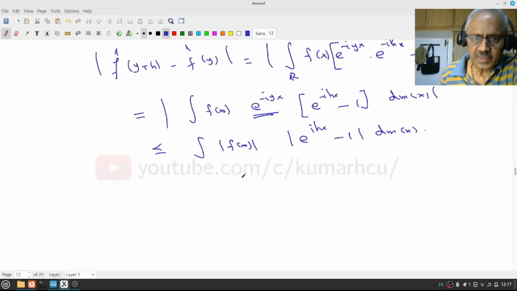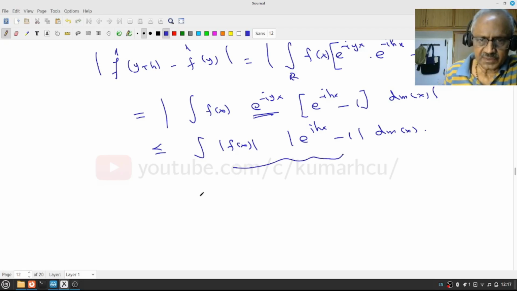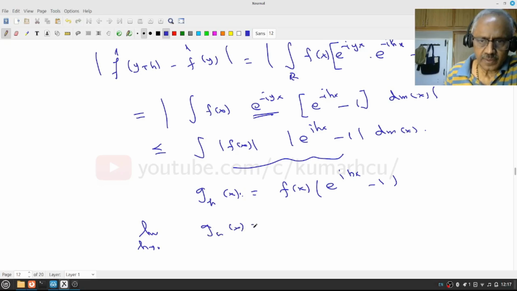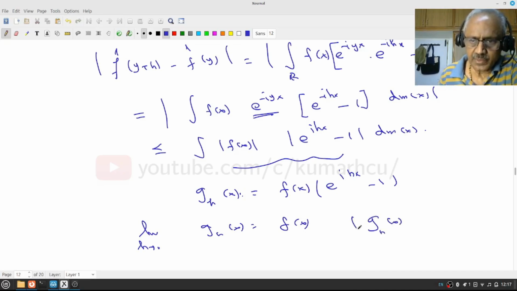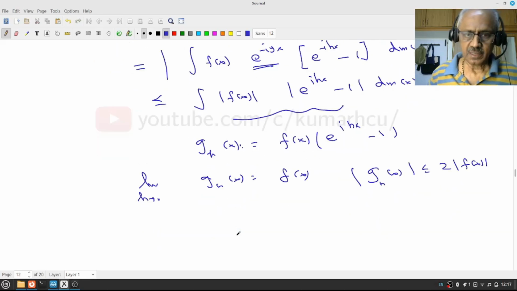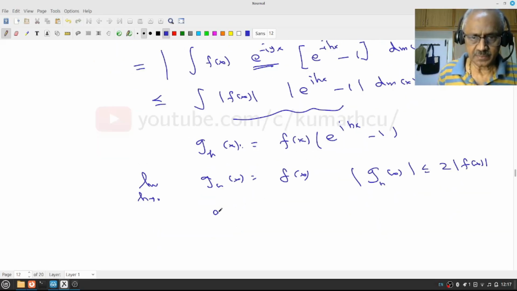Now think of this as a function which depends on h. So g h of x, by definition, is f of x into e power minus i h x minus 1. As h tends to 0, g h of x goes to 0, and g h of x is bounded by 2 times mod f of x, because the modulus is less than or equal to 2. You understand? Therefore g h of x converges pointwise.